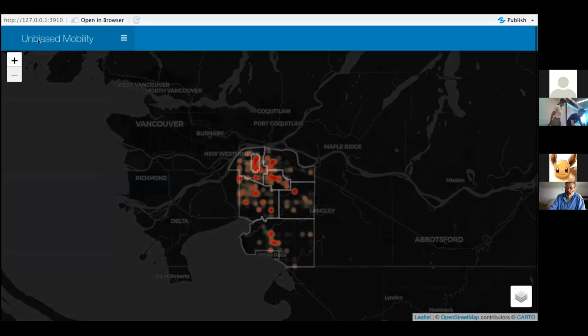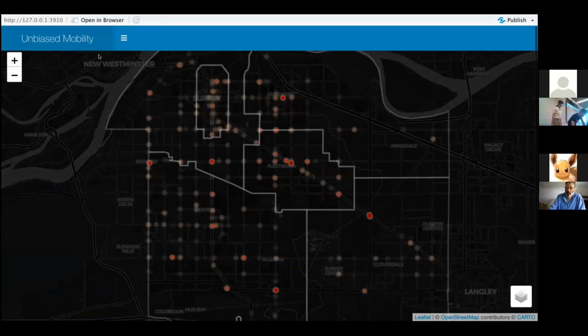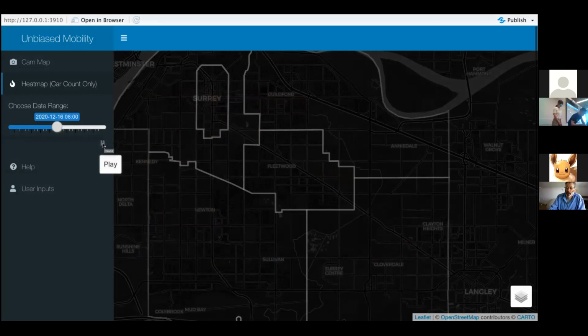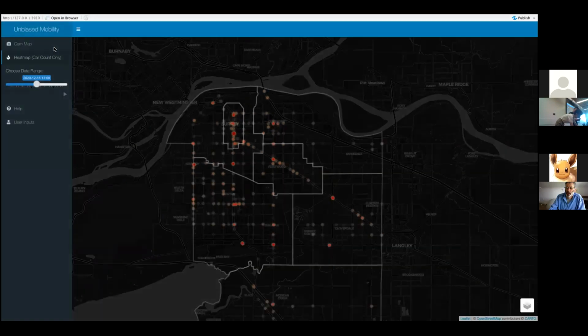You can zoom in and see how different intersections behave and whatnot. Next, I will move on to Nancy's part, and she'll be discussing the analysis.